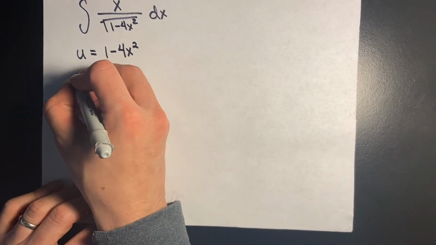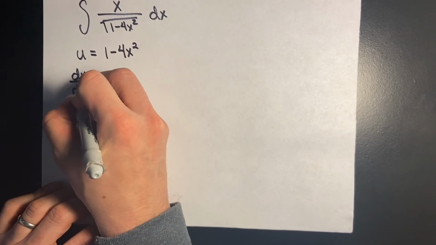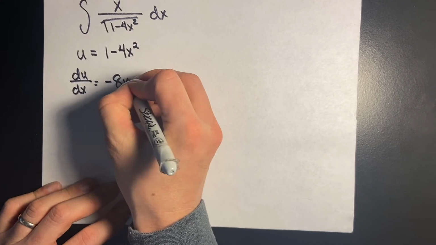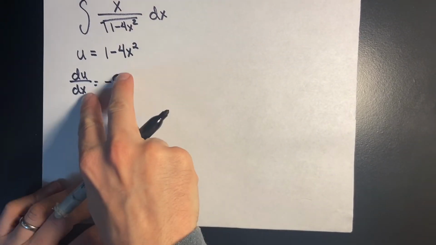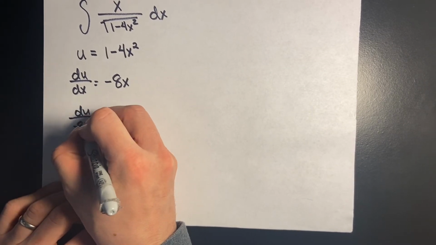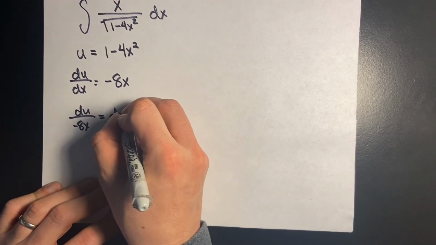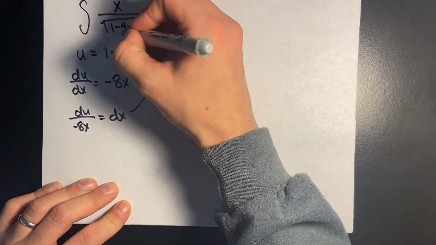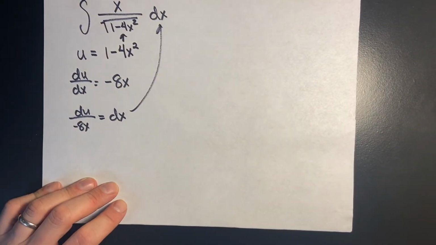I picked my u. The derivative of that u is nothing minus 8x. Swap. du over negative 8x equals dx. Change that.